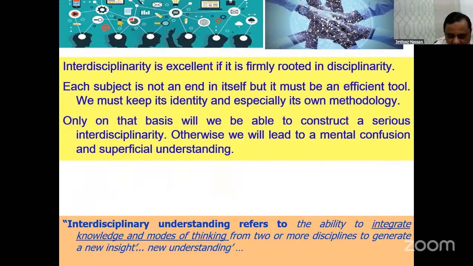If you have the idea of a particular discipline, interdisciplinary doesn't mean that you stick to only one discipline, but it is a combination of different disciplines. It is firmly rooted in the particular discipline, and each subject is not the end but an efficient tool. We must keep identifying their own methodology.